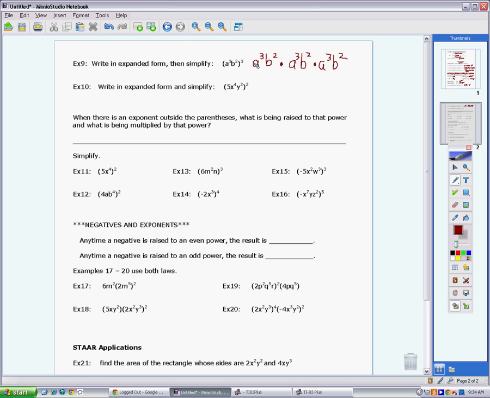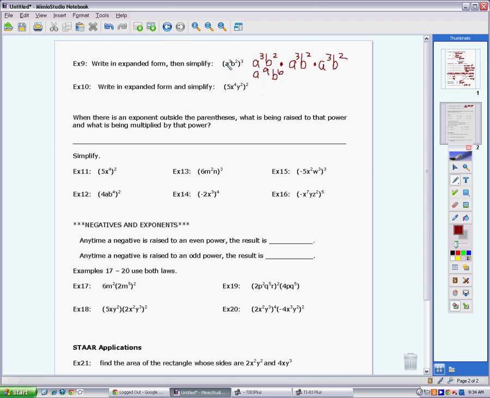Okay, now from here I'm still multiplying all these together, so I go back to the product of powers law, and I'm going to take each of the bases and add the exponents together. So I have 3, 3, and 3, that gives me a to the 9th, and I've got 2 plus 2 plus 2, that gives me b to the 6th.